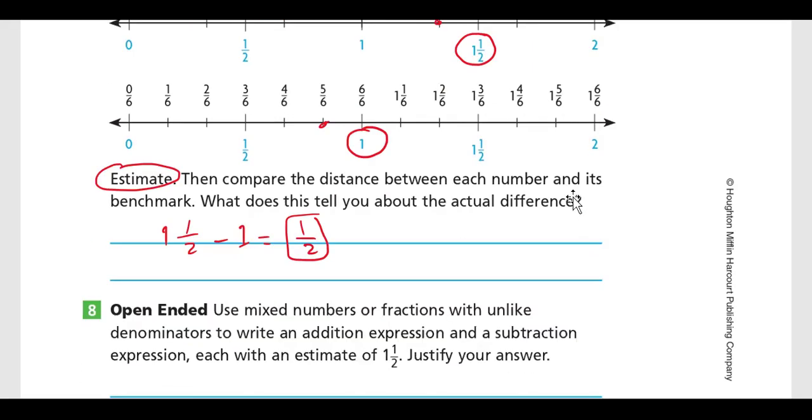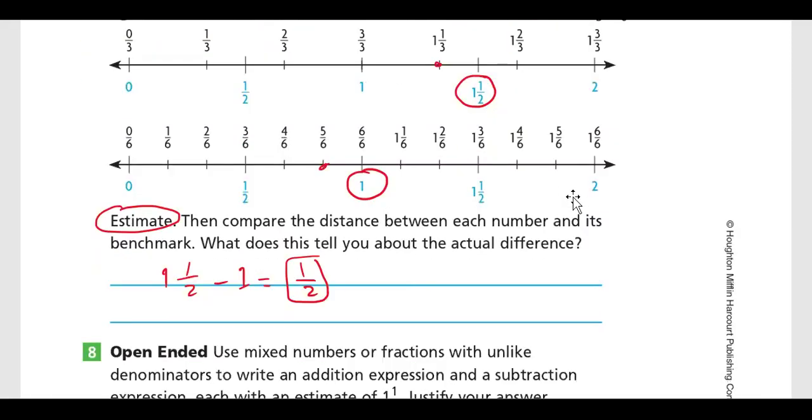As we know, 1 and 1 over 3 minus 5 over 6. We have to make the first one a fraction, so I multiply by 3 and add 1. 1 times 3 is 3, plus 1 is 4.